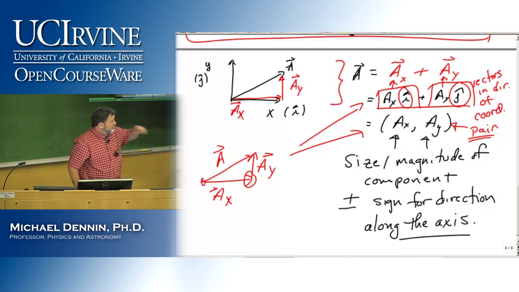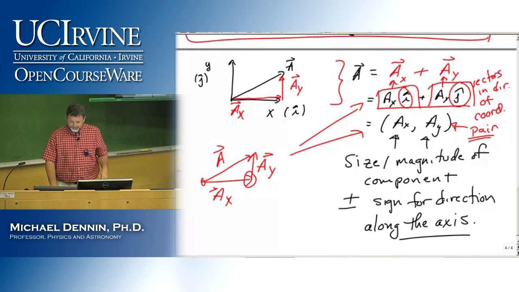And what I'm going to do now is a couple of demonstrations here to let us know why it is these components can be used and why they're even useful. So we open with a clicker question.